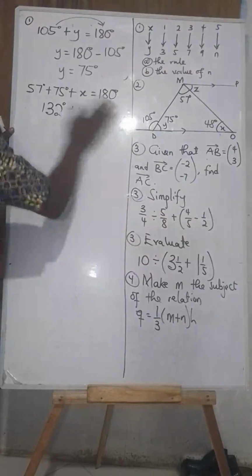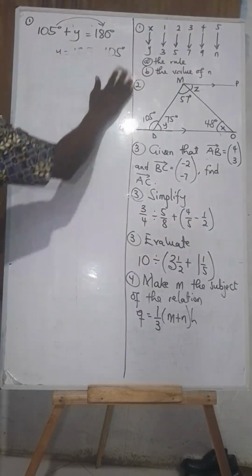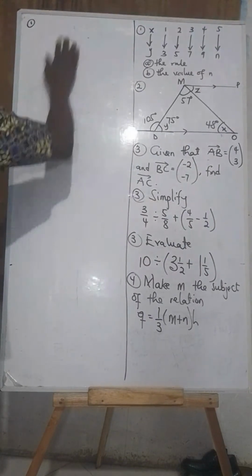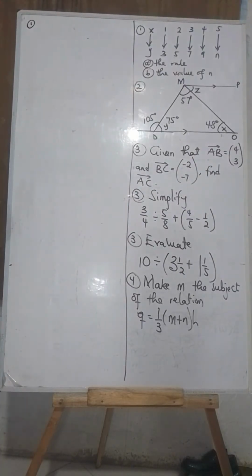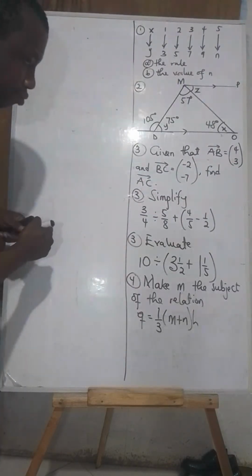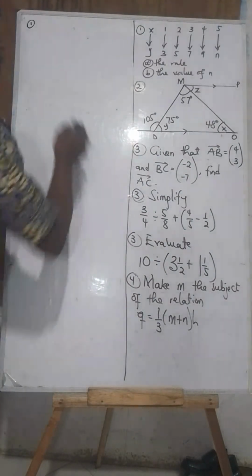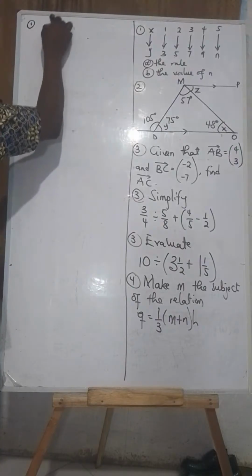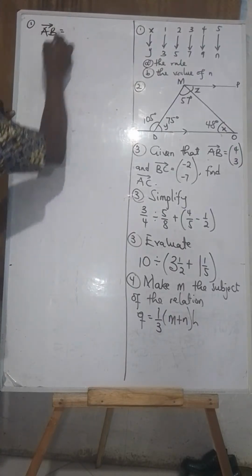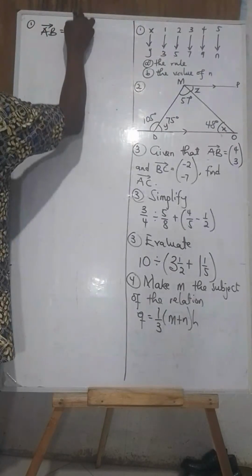Right. So here we have the vectors question. We are given AB to be (4, 3).